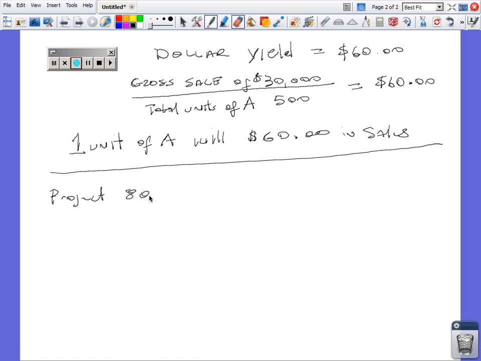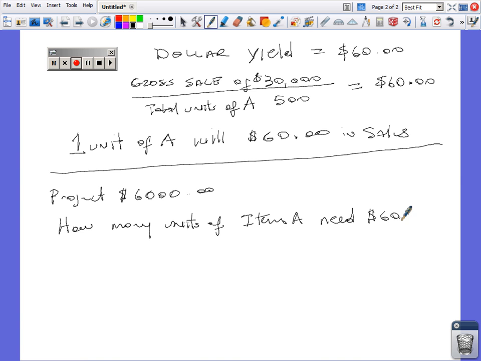For simplicity's sake, we will take projected sales of $6,000, and we could assume this was going to be sales for a day or 2 days, and we want to know how many units of item A we would need to produce $6,000 in sale.